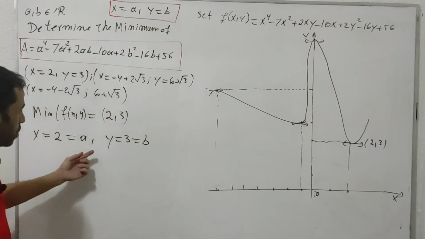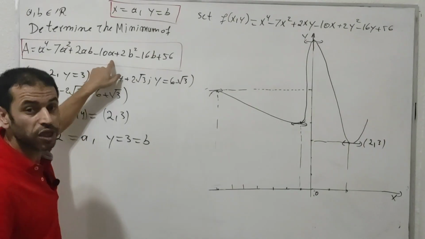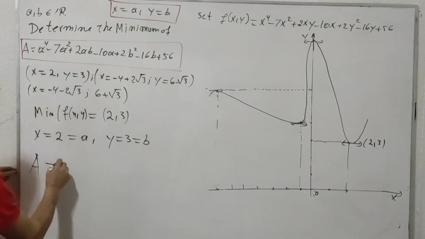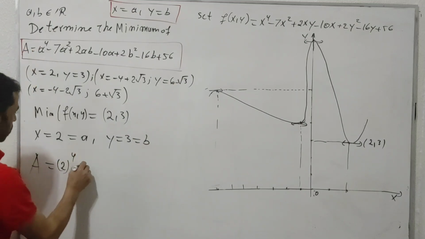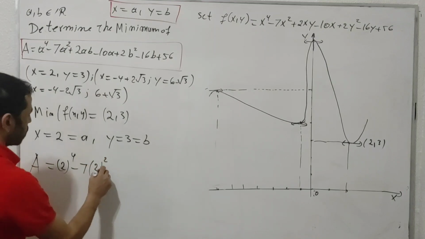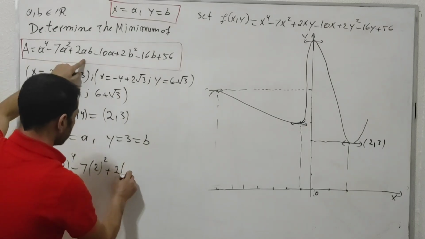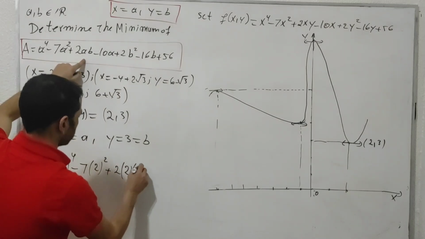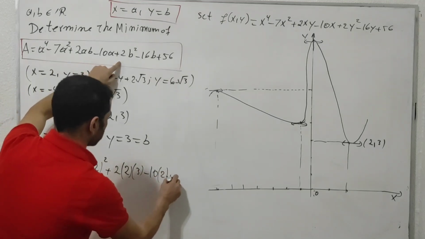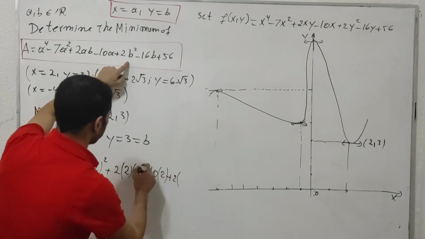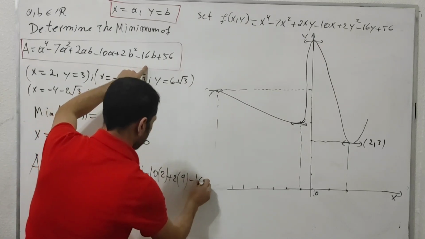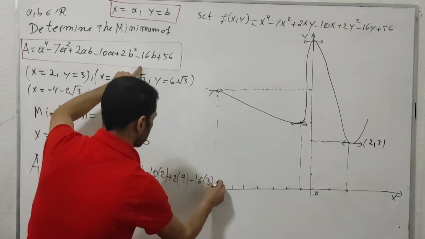Now I'm going to take these values of a and b and insert them into this expression. So we'll have capital A equals a to the fourth, which is 2 to the fourth, minus 7 multiplied by 2 squared, plus 2 times 2 multiplied by 3, minus 10 multiplied by 2, plus 2 multiplied by b squared, which is 9, minus 16 multiplied by 3, plus 56.